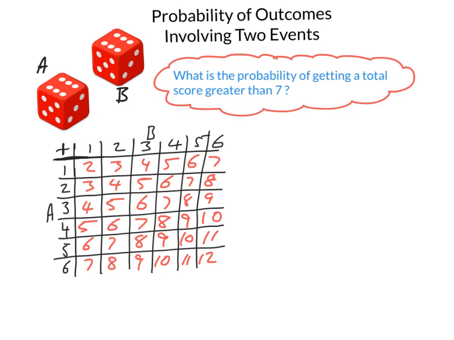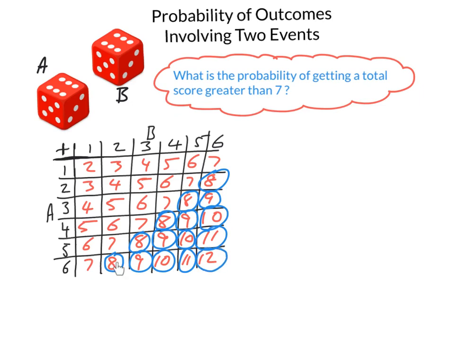This next question asks us the probability of getting a total score greater than 7. And we can find this from our space diagram. Remember, it's greater than 7, so we can't include 7. We can, however, include all of our 8s, 9s, our 3 10s, the 11s, and our 12 at the end.